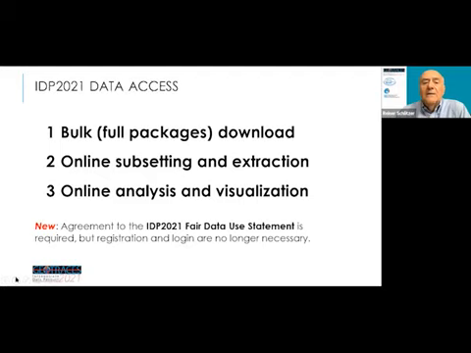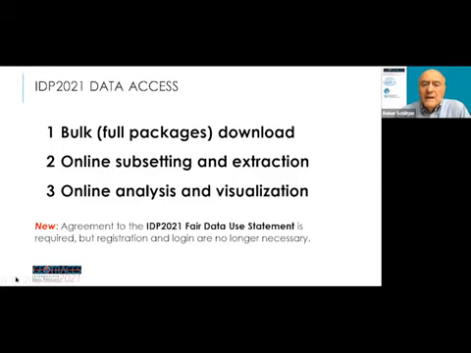So you can filter out what you want and then extract only this part of the data and download this one to your computer. And the third way is you don't download anything, you do the analysis and the visualization of the IDP data truly online. And that's number 3, and we will get at that also.